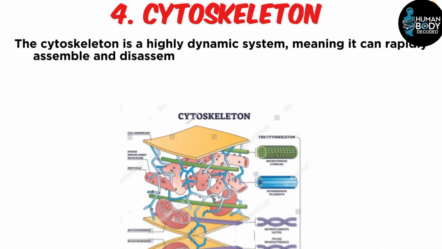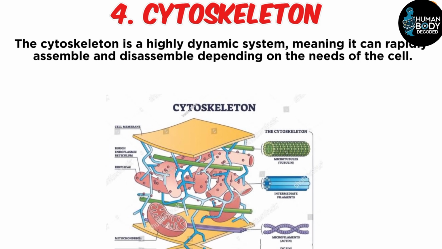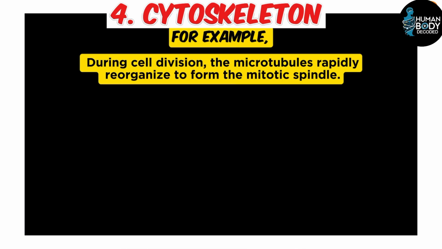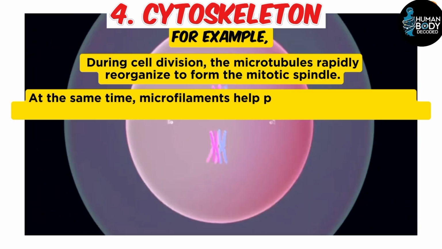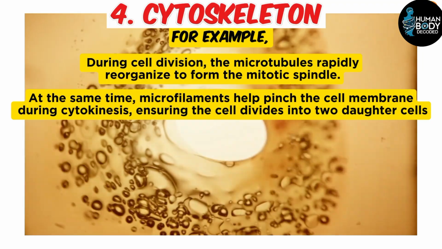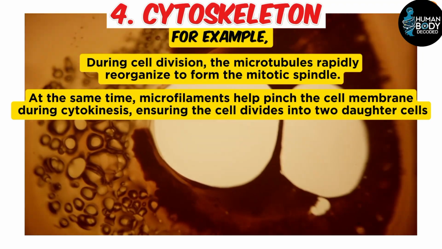The cytoskeleton is a highly dynamic system, meaning it can rapidly assemble and disassemble depending on the needs of the cell. For example, during cell division, the microtubules rapidly reorganize to form the mitotic spindle. At the same time, microfilaments help pinch the cell membrane during cytokinesis, ensuring the cell divides into two daughter cells.